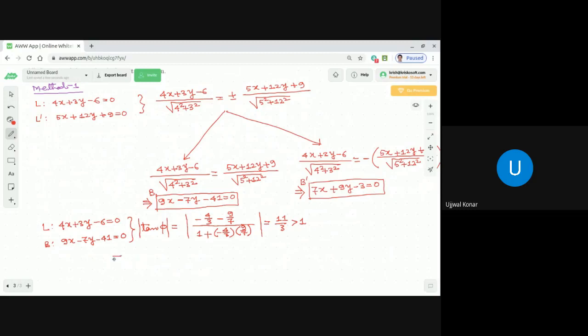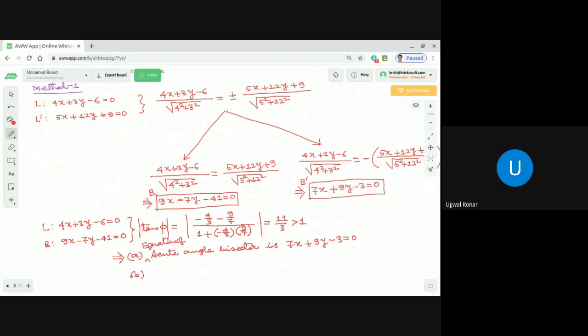So from here, what we can say is that the answer to the first question is: the equation of the acute angle bisector is 7x plus 9y minus 3 equal to 0.